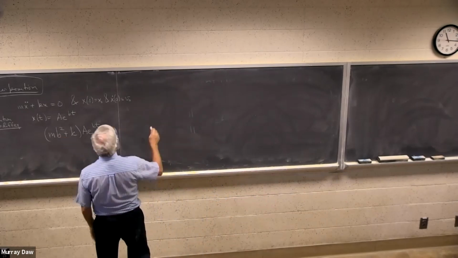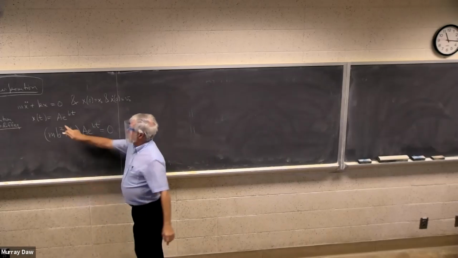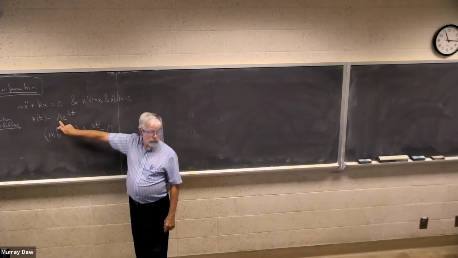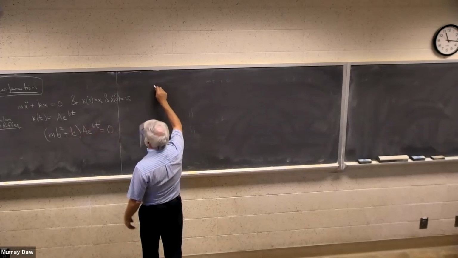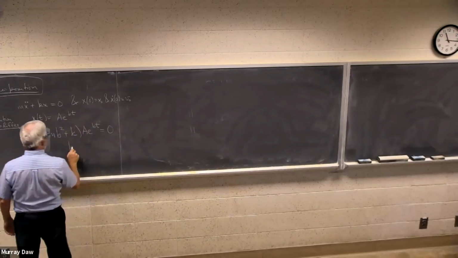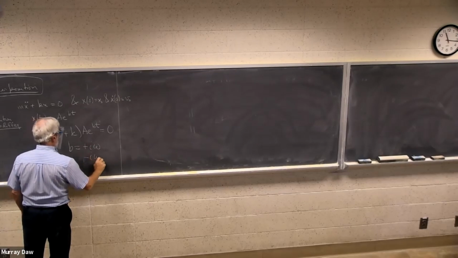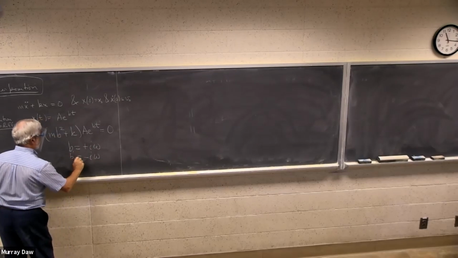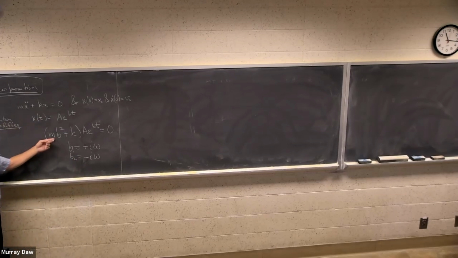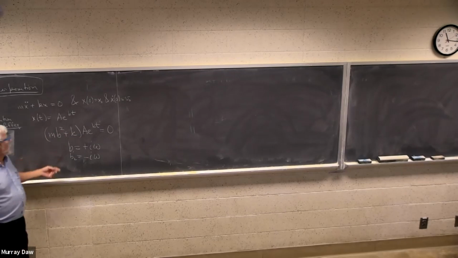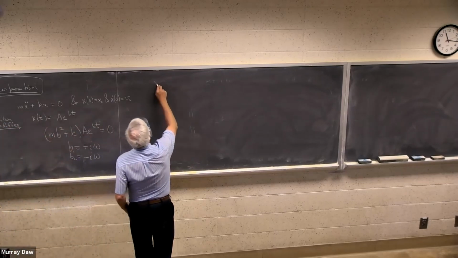So I have two different solutions here, and in principle two different coefficients in front. I have two different values of B, call them B1 and B2, and these both solve this algebraic equation. What's in parentheses will vanish. So that means I have two solutions.